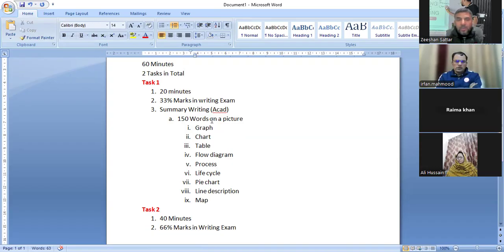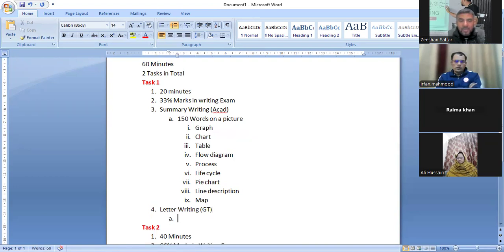So task 1 is known as summary writing for the students who are going abroad for the purpose of study, means the academic students. यही task 1 is known as letter writing, and this letter writing is for those students who are going abroad for the sake of work, means जो general training के students हैं उनके लिए the task 1 will be the letter writing.